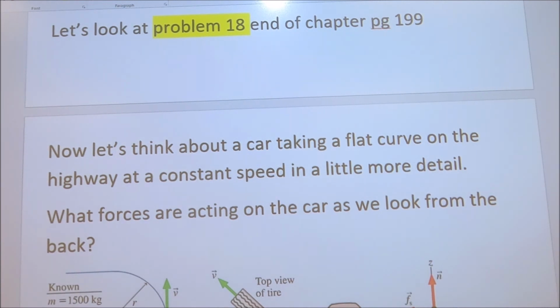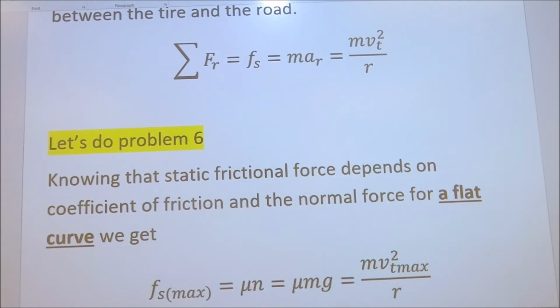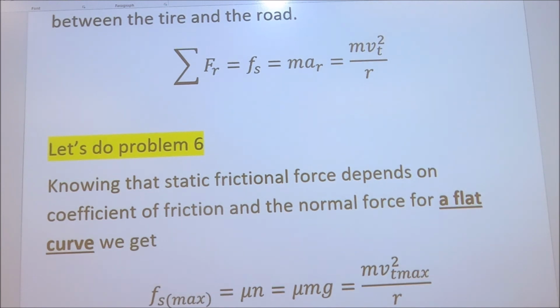Let's talk about a car taking on a flat curve on a highway. So instead of going over a hill, now you're going around a curve. Okay? So let's think about the car taking on this flat curve.